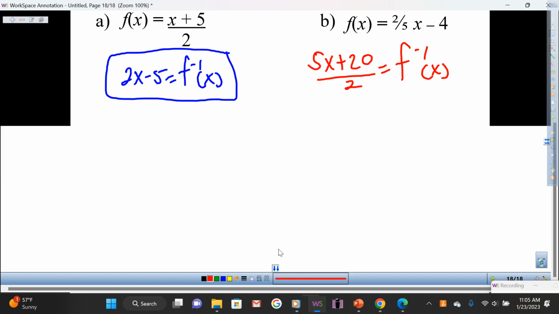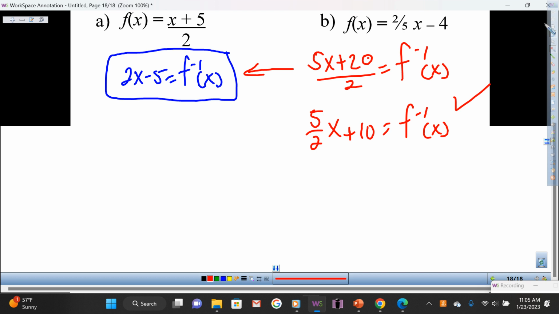That is correct. However, we need to make it look like that in case they ask us to graph it. So 5 divided by 2 is the same as 5 halves x, and 20 divided by 2 is 10, and all that is f inverse of x. Just remember it needs to be in slope-intercept form for graphing purposes.